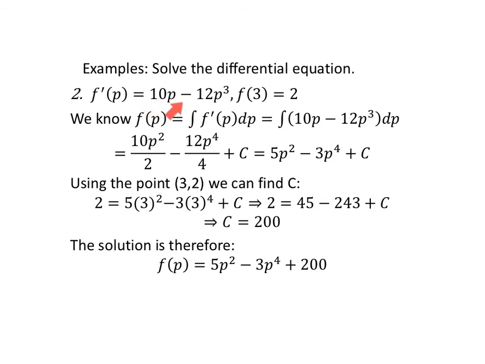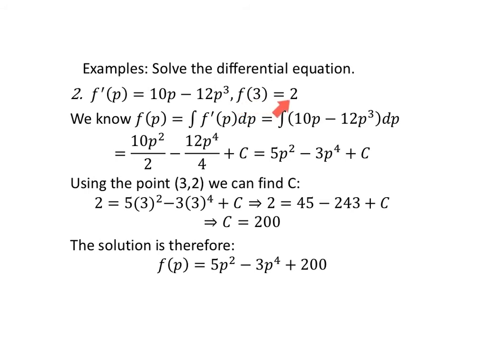The antiderivative of 10p minus 12p cubed is 10p squared over 2 minus 12 times the antiderivative of p to the third, which is p to the fourth over 4. Simplify and I'll get 5p squared minus 3p to the fourth. And I do a real quick check in my head. If I found the derivative, that's 10p, okay. If I found the derivative, that's 12p to the third. Alright, so I know I'm right there so far.